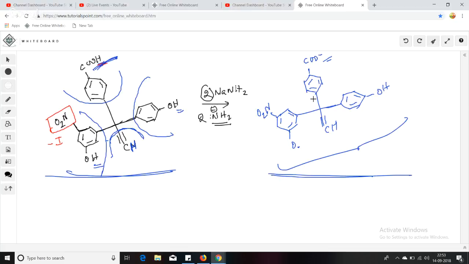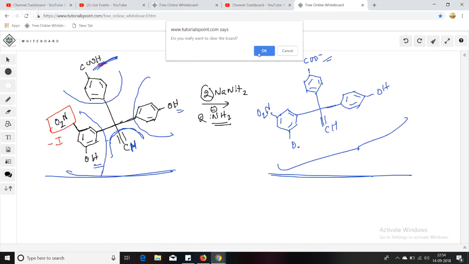Removal of CO2 is possible and it gives you one anion over there. So decarboxylation will be easy when the anion is stable. They have asked questions on the ease of decarboxylation.